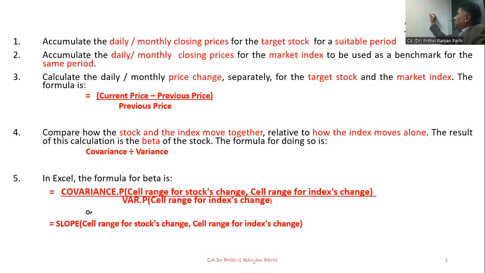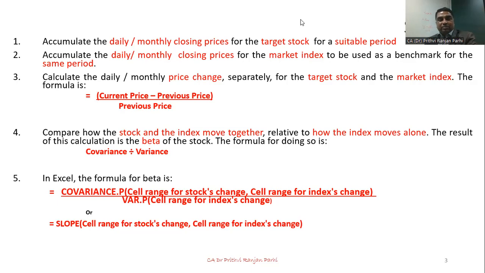Yesterday, 100. So what is the movement? Movement is 110 minus 100 on 100. This is the percentage of the return. You can say a 10% movement is there. You can look at the whiteboard and see how it is computed.